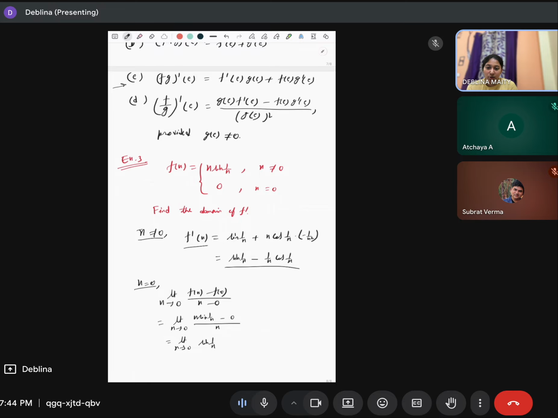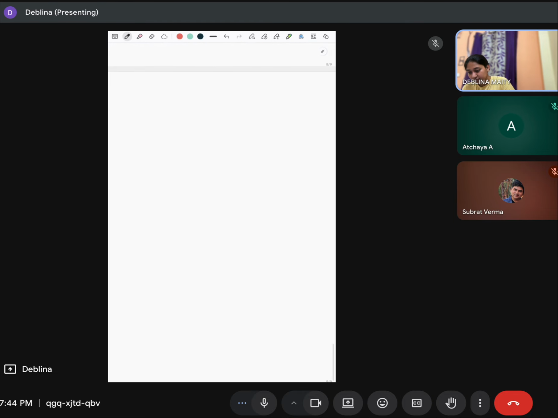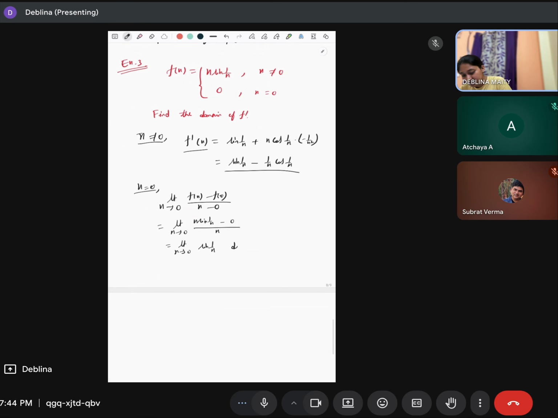Now this limit does not exist. This implies f is not differentiable at x equals 0. So the domain of f dash is R minus 0.